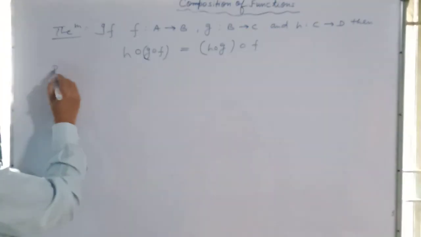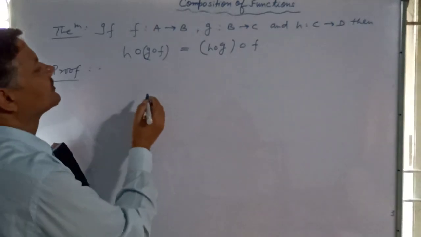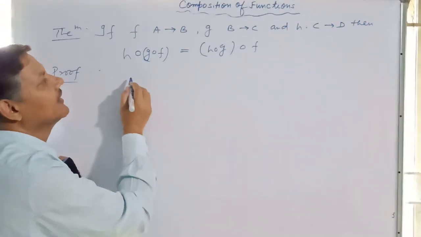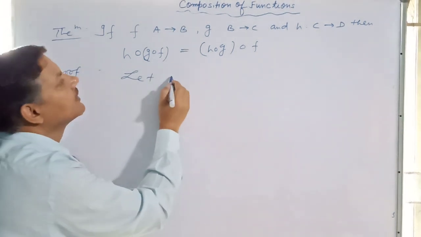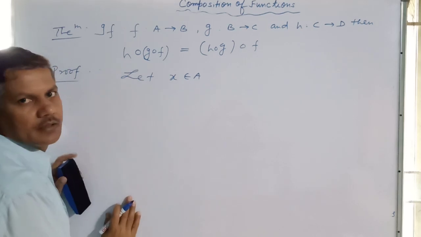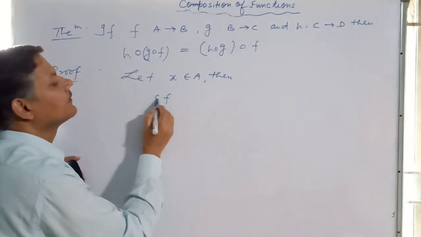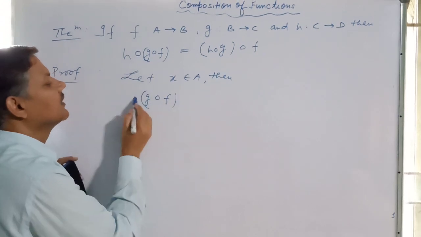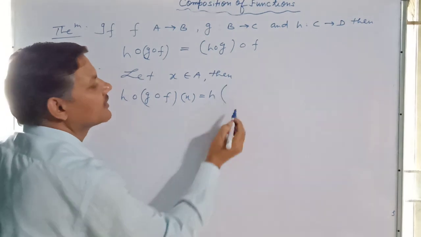What about the proof? Very easily we write it here. Let x be any element of set A, since the rightmost function is f. We write (f composition g) composition h, operate on x, and it converts.